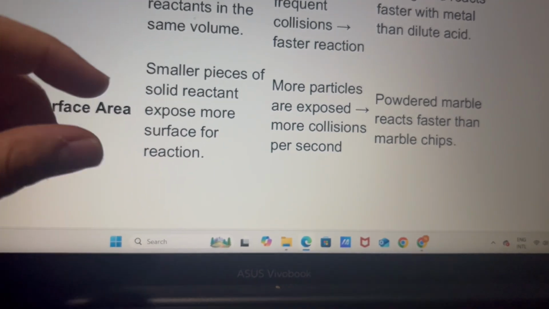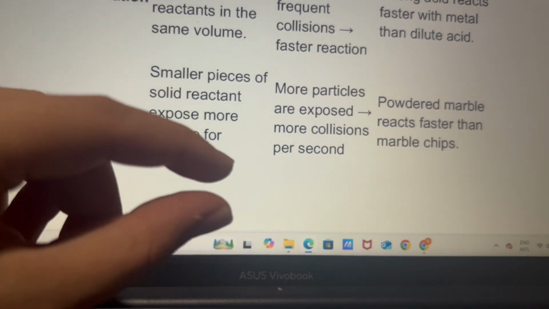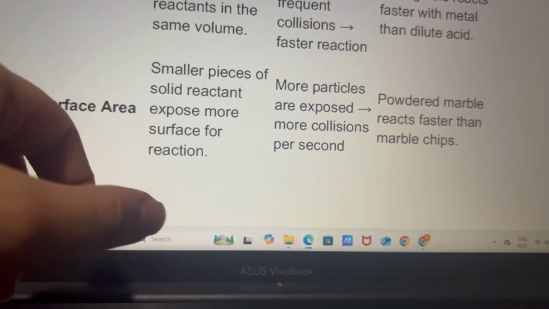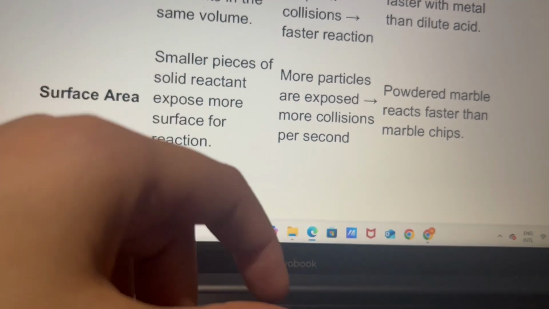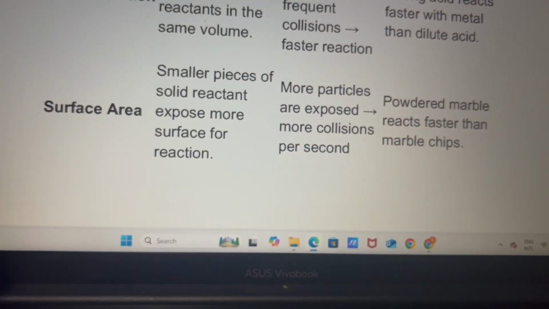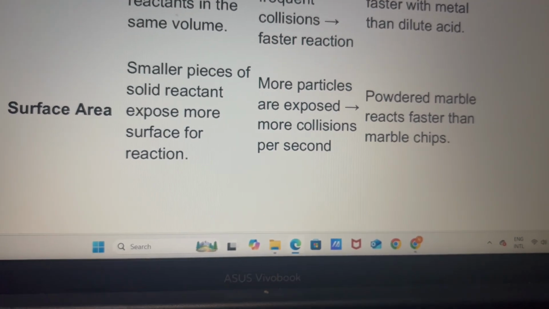Smaller pieces, like if you have a cube of sugar and a powder of sugar and you try to make them both dissolve in water, which one is going to dissolve more, the cube or the powder? Definitely the powder. I know that this is not a chemical reaction, but it still has the same concept.